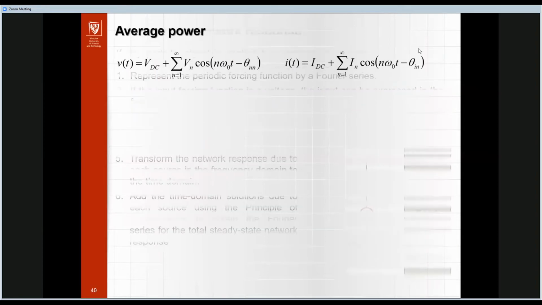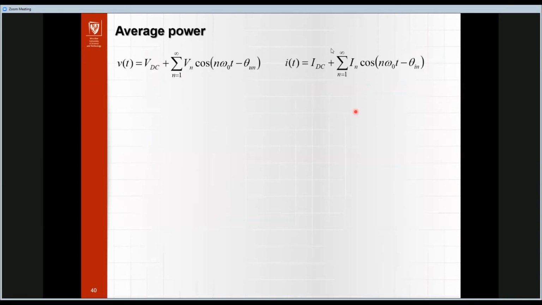Okay, and now we are talking about the average power.